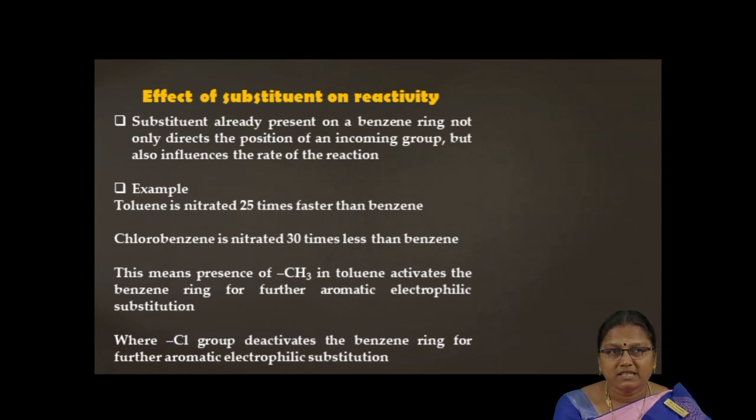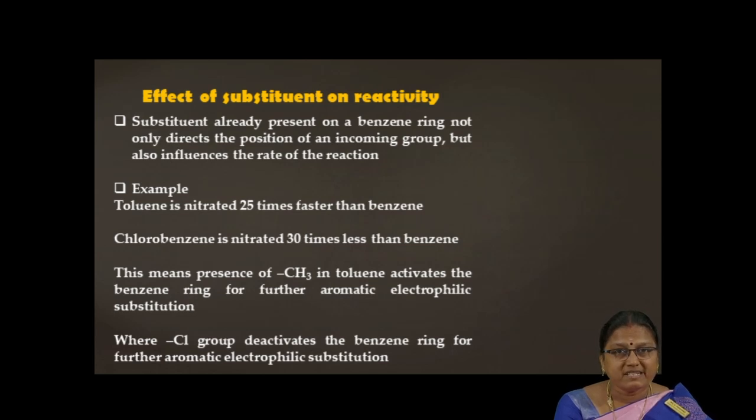When we look at the reactivity, that is the rate of the reaction, toluene reacts faster than benzene. Compare the nitration of benzene and the nitration of toluene: the nitration of toluene is faster. We have to look into why this actually happens. Also, look at chlorobenzene.